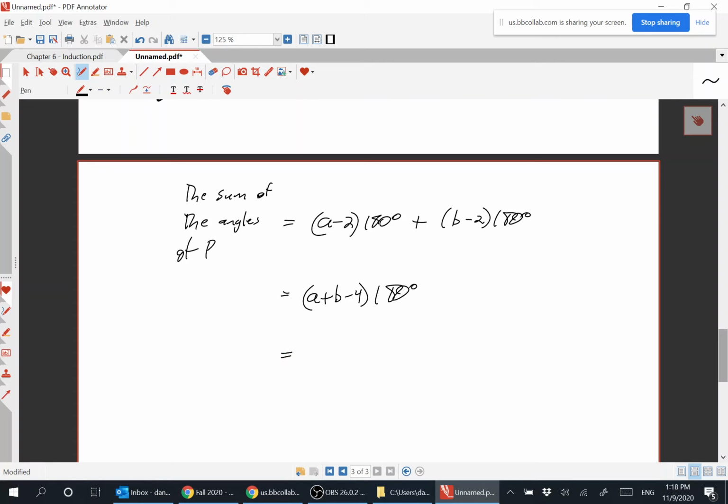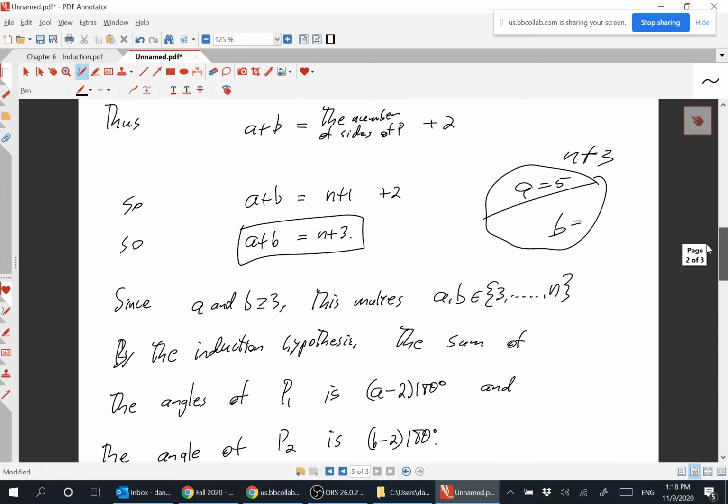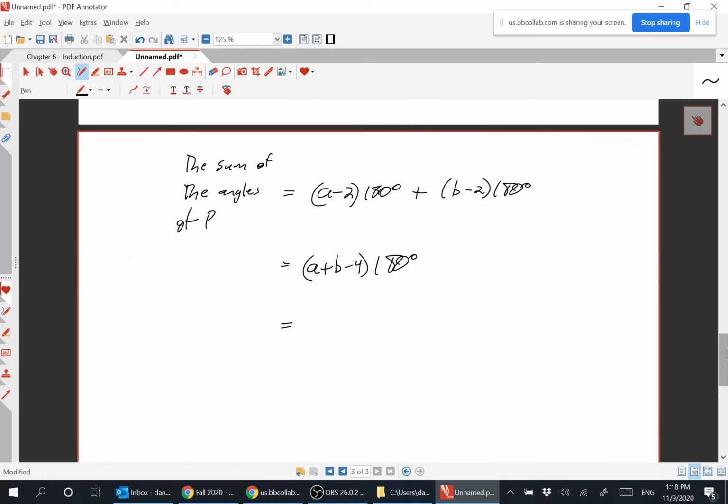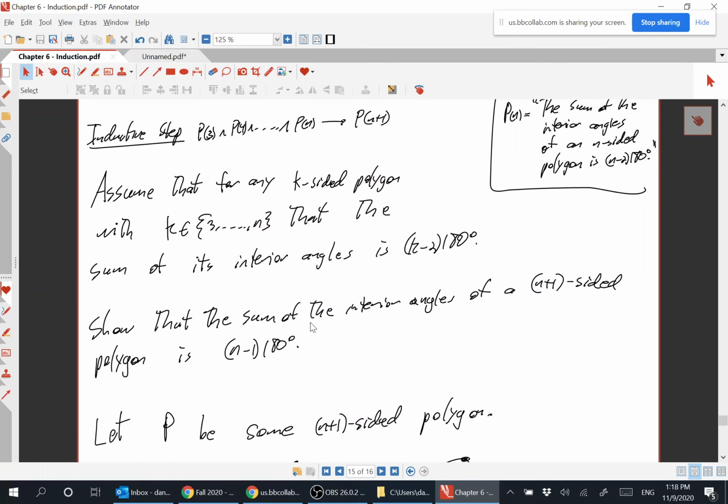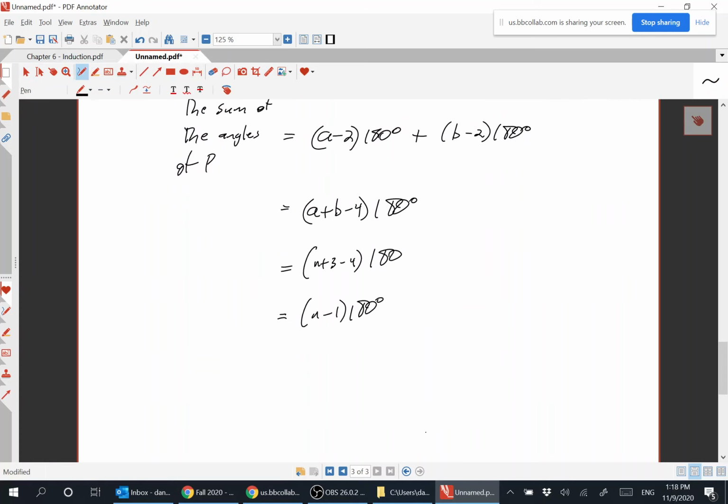What was A plus B? N plus 3. Which is equal to n minus 1 times 180 degrees, which is exactly what we wanted. Show that the sum of the interior angles of an n plus 1 sided polygon is n minus 1 times 180. And that's what we got right there.